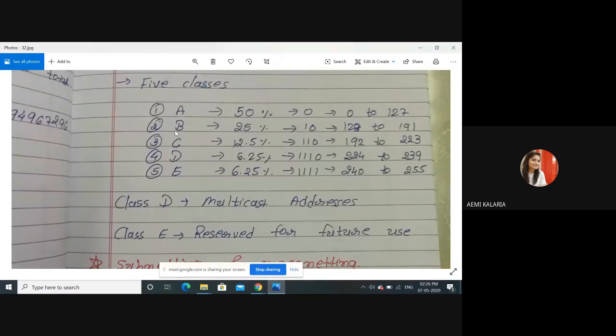At that time, let's say I'm the CEO of a company, and 100 employees are working under me. So I want a total of 200 IP addresses, right? So for that I can definitely go with class C, right?